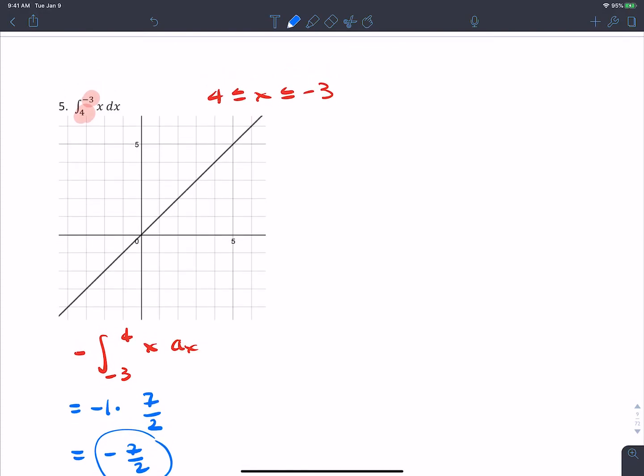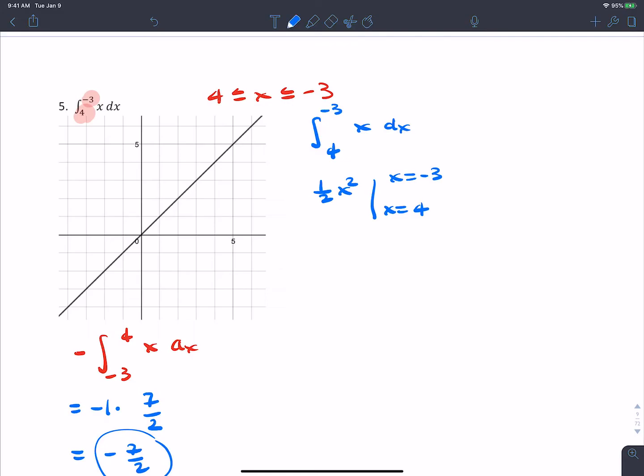Now, what happens when we integrate from 4 to -3 of x dx? We get 1/2 x squared, evaluated from x is 4 to x is -3.